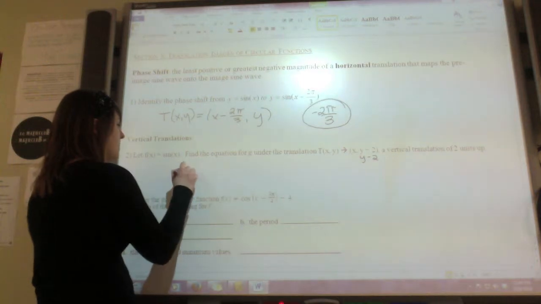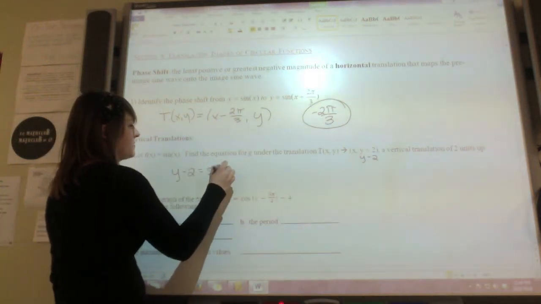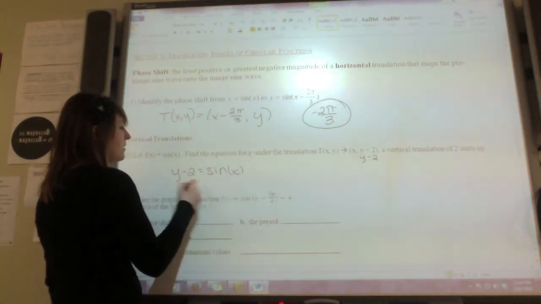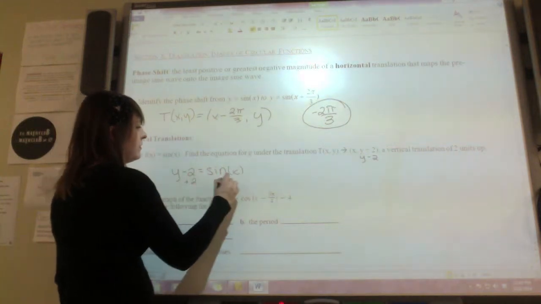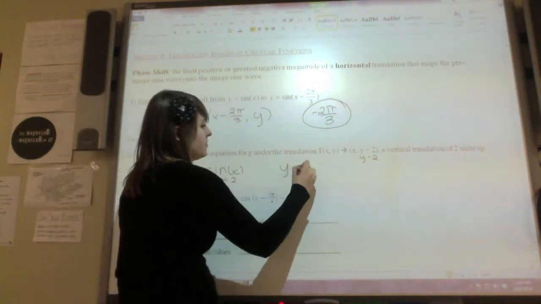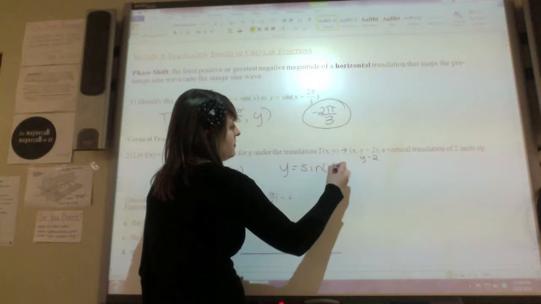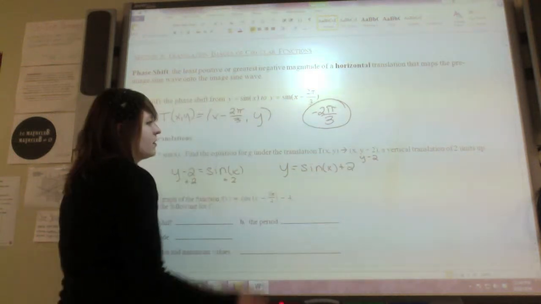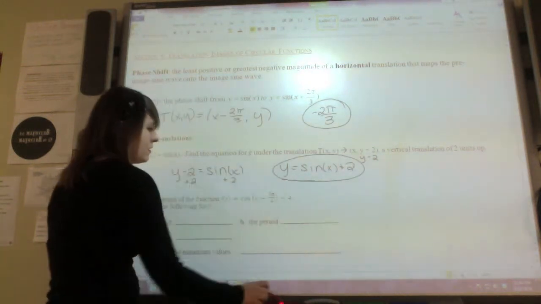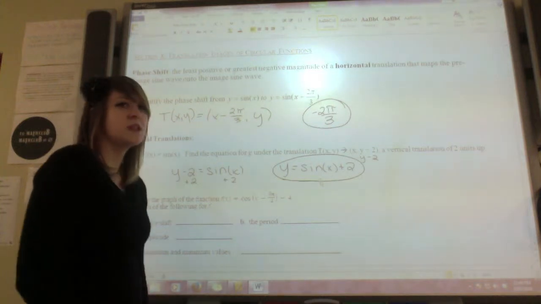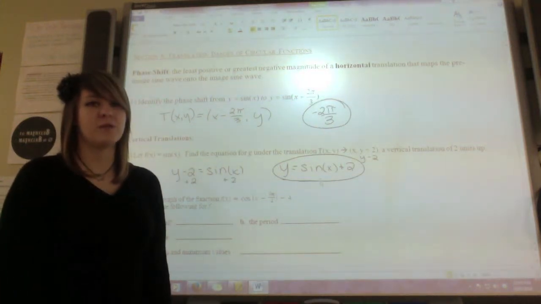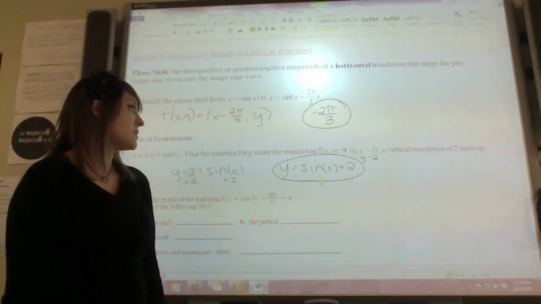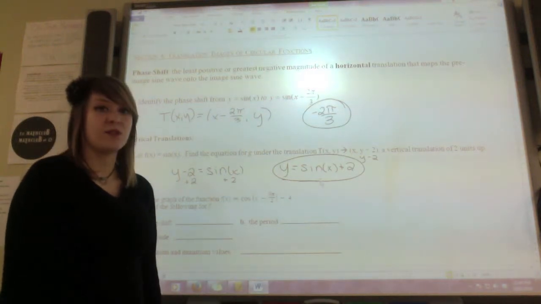So I'll have y minus 2 equals sine of x, and then I'll move that over, so I get y equals sine of x plus 2. It's really the same exact thing that we were doing in Chapter 3. The only difference is now we're doing it with sine and cosine functions.